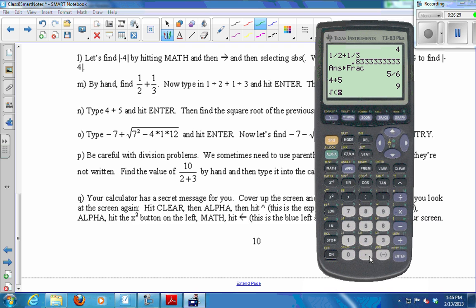So you hit second answer, which is right above the negative sign. It's the second function of the negative sign. So the square root of the previous answer, and I get 3, because my previous answer was a 9. So that's another handy one for like when you're doing the quadratic formula. You can figure out what's under the radical, then hit, oh yeah, square root that.